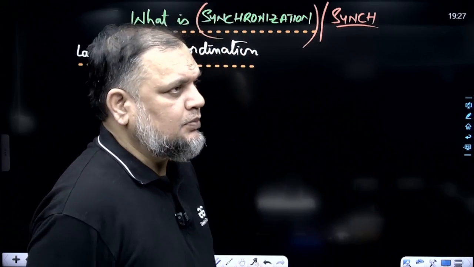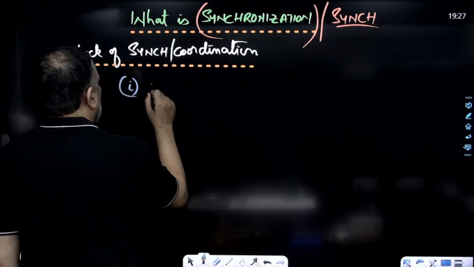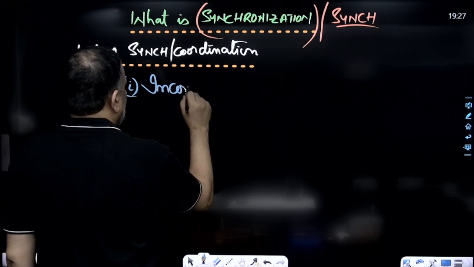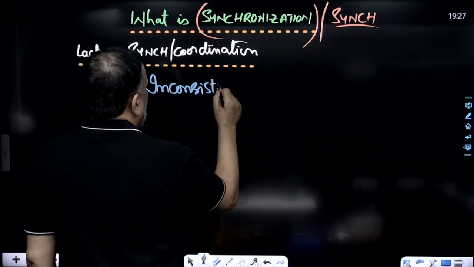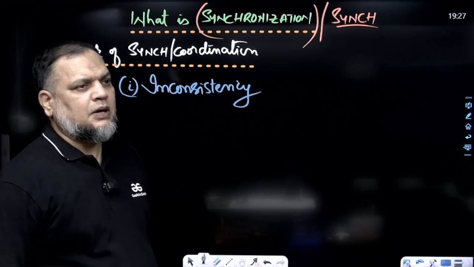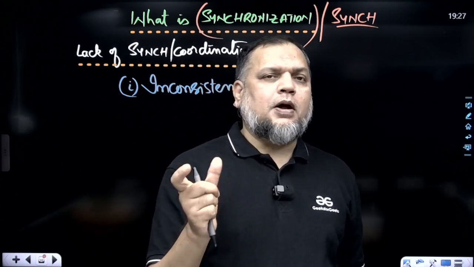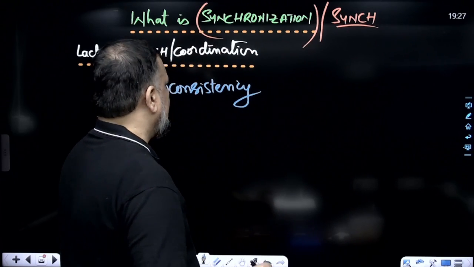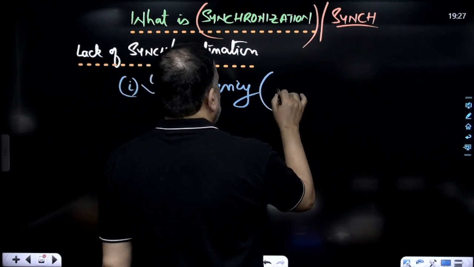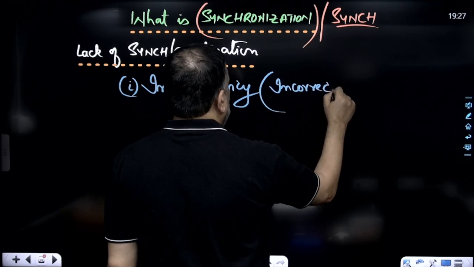That is the first problem, which may happen in a process environment also, which we generally call inconsistency. Inconsistency can arise. The communication should be consistent. That is what we are trying to say. If there is no proper synchronization between processes, it could lead to inconsistency. Inconsistency also implies incorrectness, wrong results. We may get wrong results.